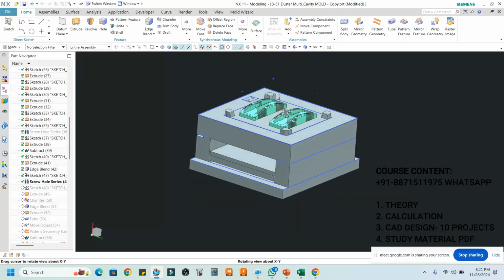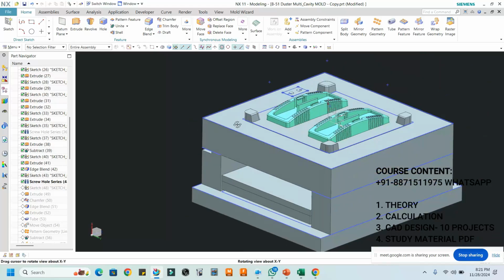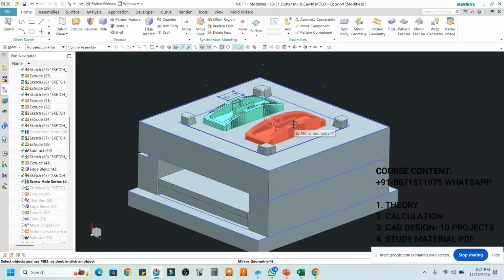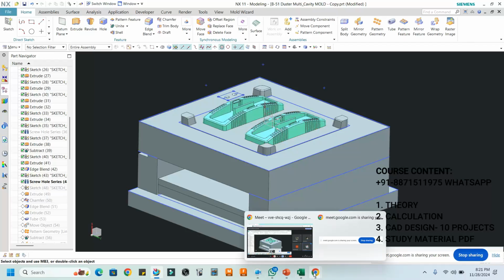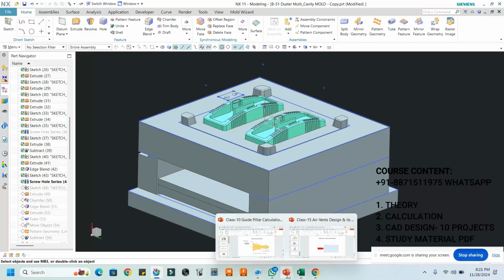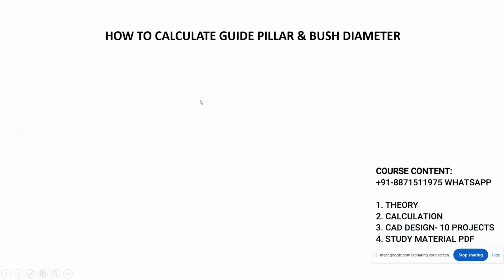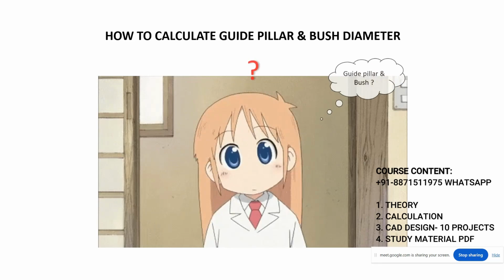Now we have to design the guide pillar and the guide bush. What is the purpose of the guide pillar and guide bush? Alignment. So how do we calculate the guide pillar and guide bush?